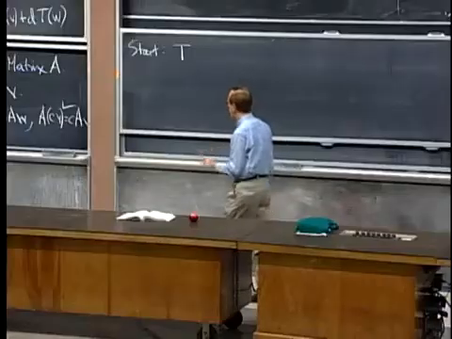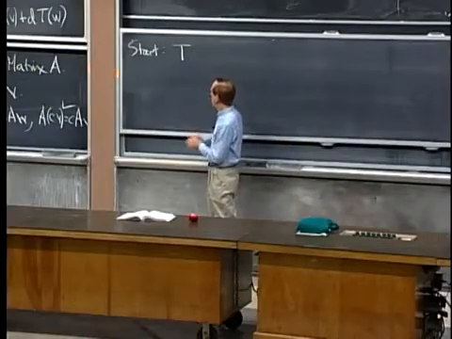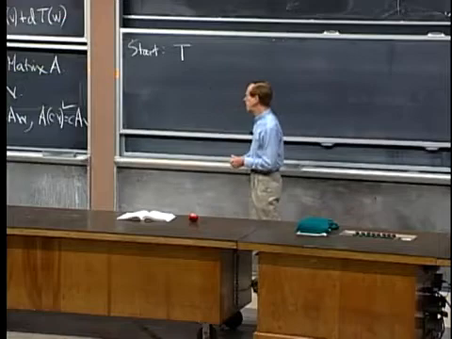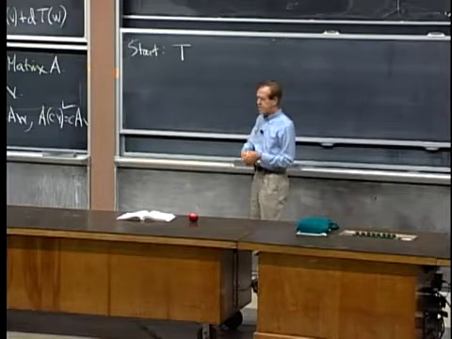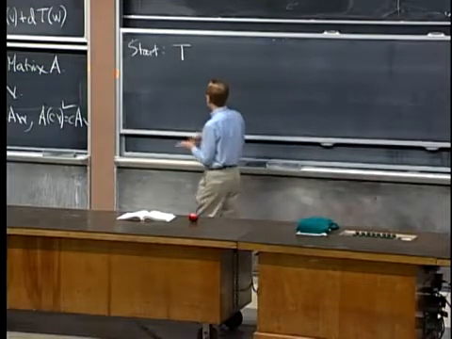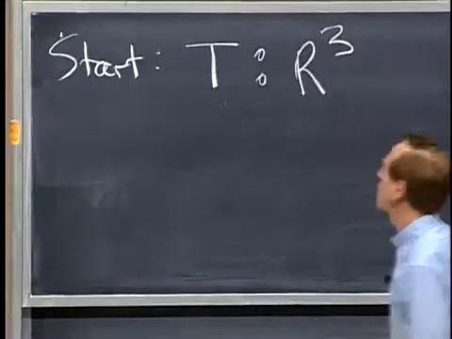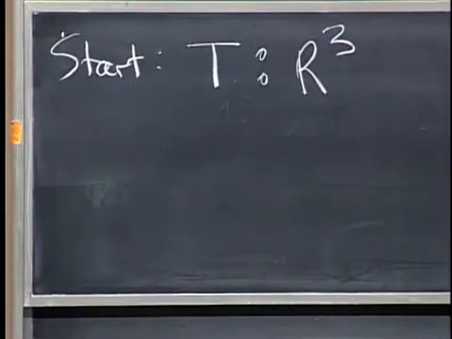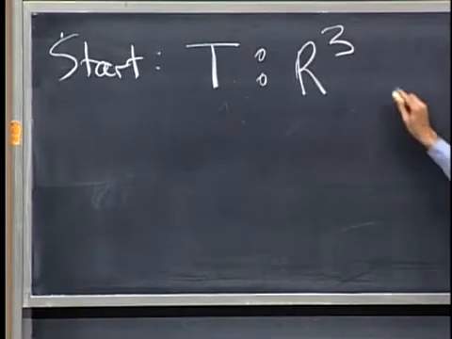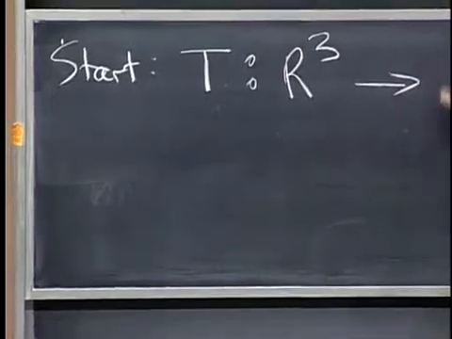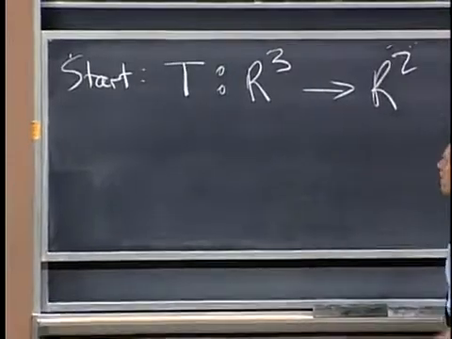Only linear transformations I'm interested in. Okay, I start with a linear transformation T. Let's suppose its inputs are vectors in R3. And suppose its outputs are vectors in R2, for example.